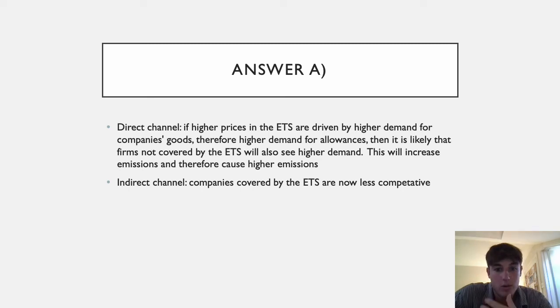Well, it's going to be the ones who aren't covered by the scheme, which means not only do the firms not covered by the ETS see an increase due to that direct effect, they'll also see an increase due to the indirect effect. And even though consumers are moving away from those covered by the ETS, there's no reduction in the allowance usage because, remember, that's fixed.